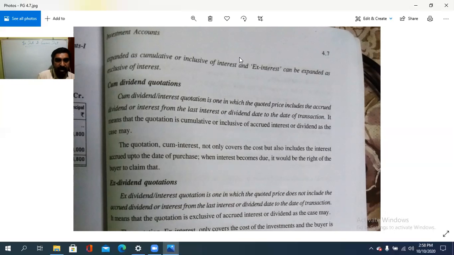Then the cum-dividend quotation. Cum-dividend or interest quotation is the one in which the quoted price includes accrued dividend or interest from the last interest or dividend date to the date of the transaction.